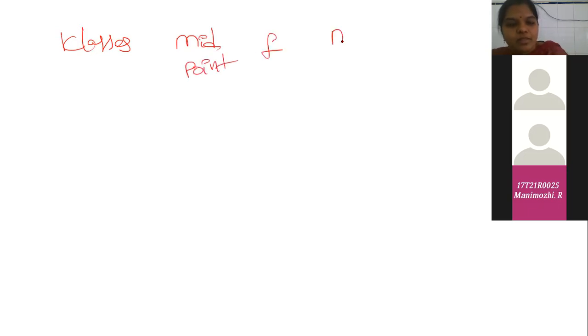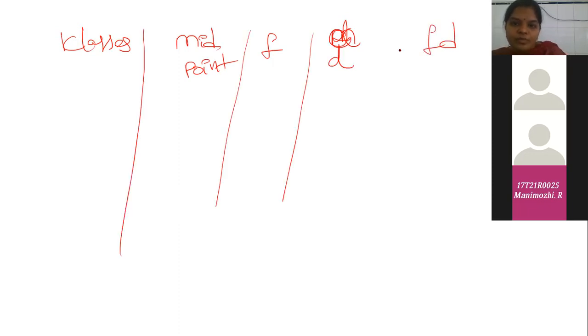See, first classes, midpoints, frequencies, next small d, next F into D. Just we have 5 columns.